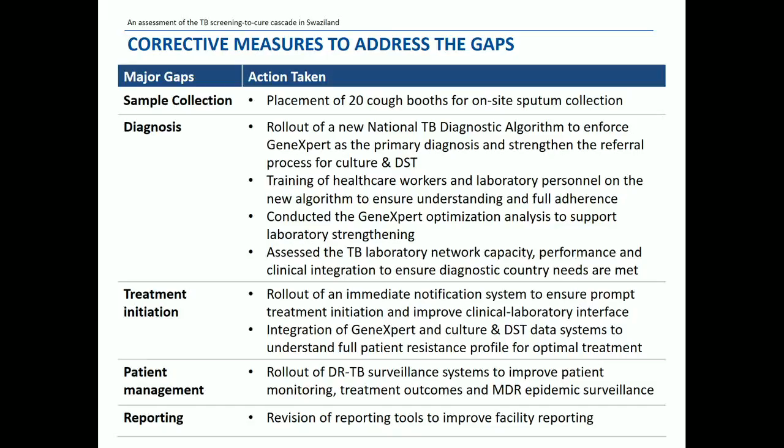And these are some of the activities towards strengthening of the clinical laboratory interface that we have undertaken, as well as ensuring that we have connectivity for our GeneXpert machines for real-time monitoring of TB testing in the country, and linking this to our immediate disease notification system at national level for all DR-TB patients.